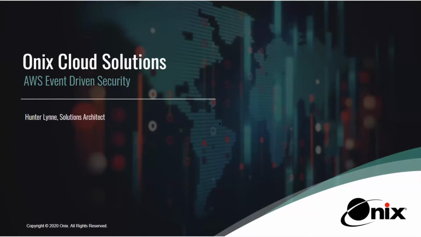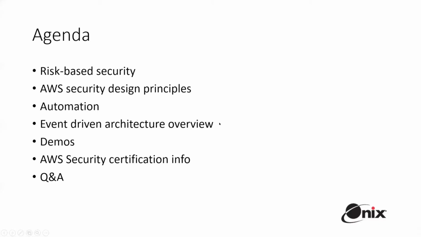So here's the agenda for today. I've broken the presentation into two parts. The first 3 bullet points are primarily foundational, and we're going to talk about the approach and strategy for considering event-driven security and best practices for risk management and security in your organization.